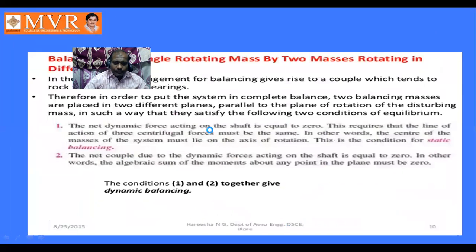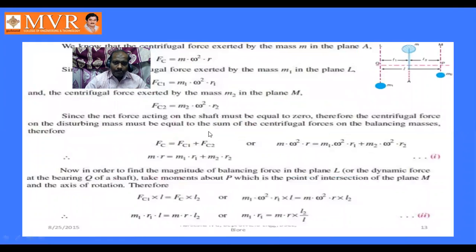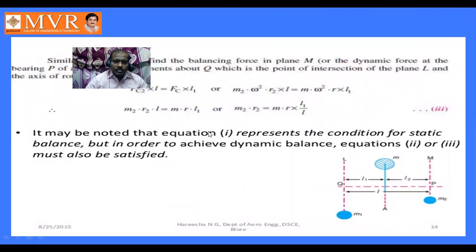We are going to use the same approach with m2: m2 omega square r2 into L is equal to m omega square r into L1. Like m1 is there, here we can go for the m2 mass. So m2 r2 is equal to m r into L1 by L.